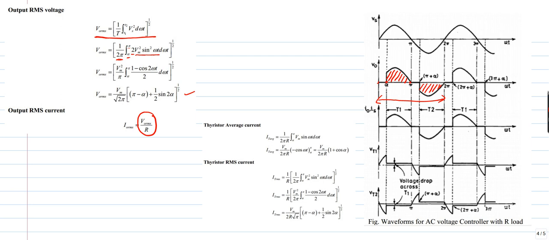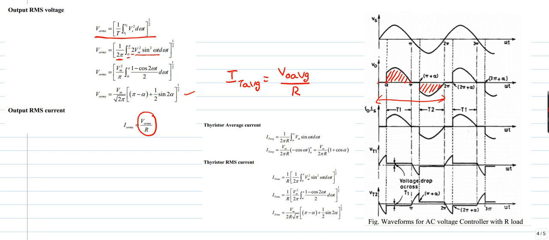Now this is about output components. When it comes to the thyristor currents, if I want to calculate the IT average, I need V0 average by R. You know that T1 conducts for the positive half cycle and T2 conducts for the negative half cycle.